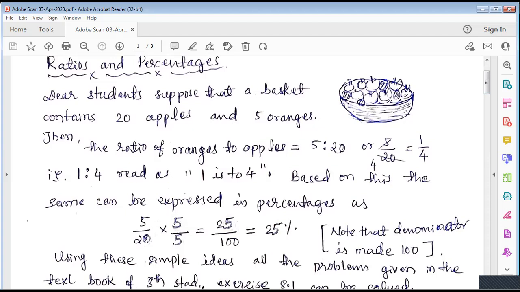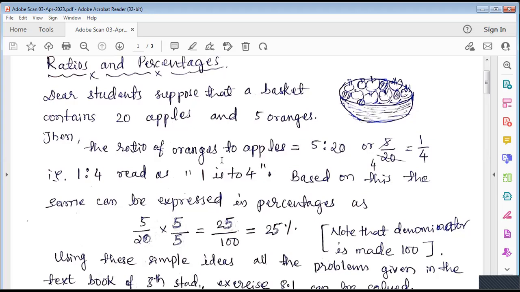How do we compare these 20 apples and 5 oranges in the basket mathematically? We can make use of mathematics to compare their quantity in the basket. Just for an example, think that this basket contains 20 apples and 5 oranges.